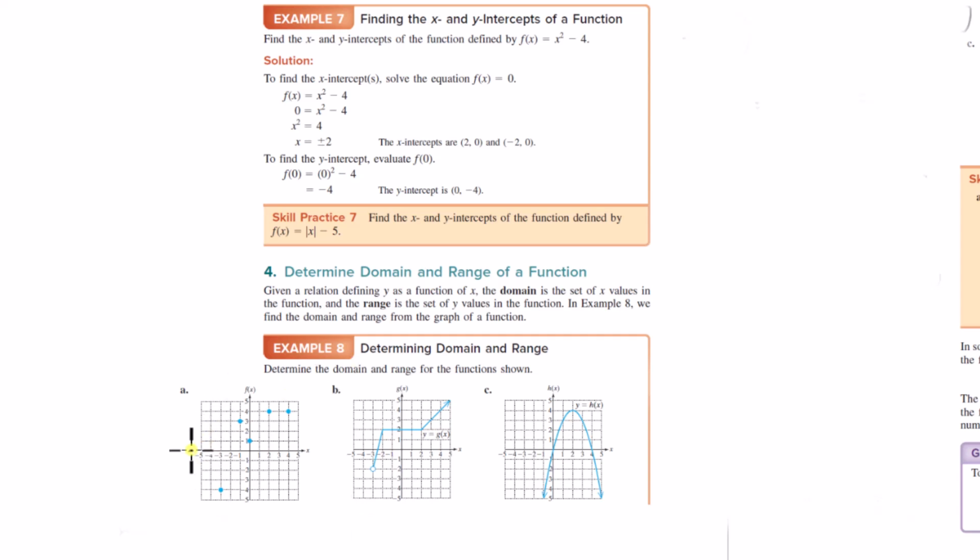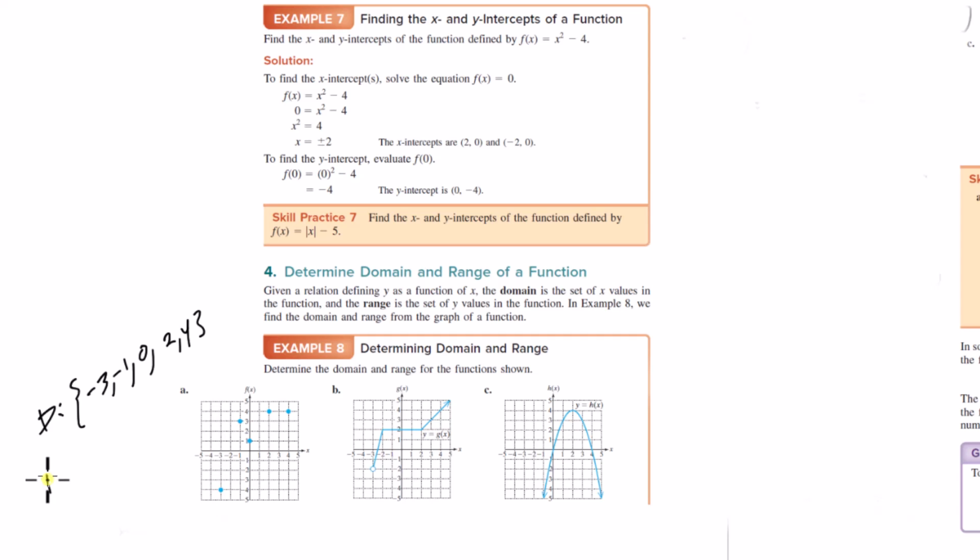But here, what would the domain be? What are all of the possible inputs that you can input and you're going to get an output? But you don't include duplicates. So in that case, the domain here would be the set: you can input -3, -1, and then 0, and then 2 and 4.